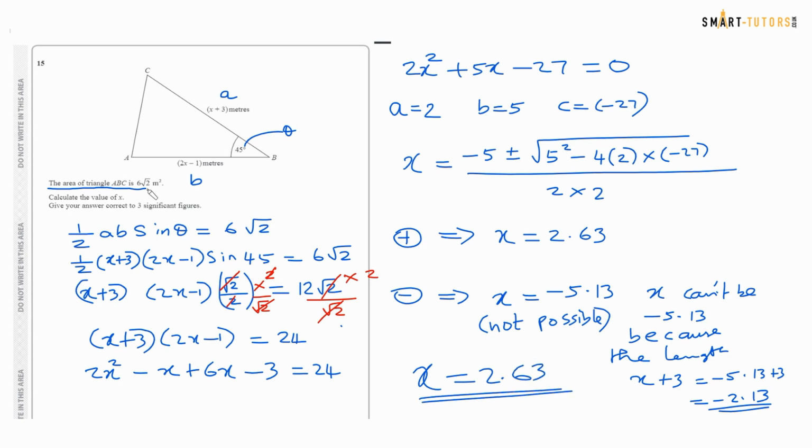So therefore this is not possible, and the possible answer is x equals 2.63. So this is a straightforward area of a triangle equation and algebra. It's a 5-mark question, and that is our final answer for question number 15.